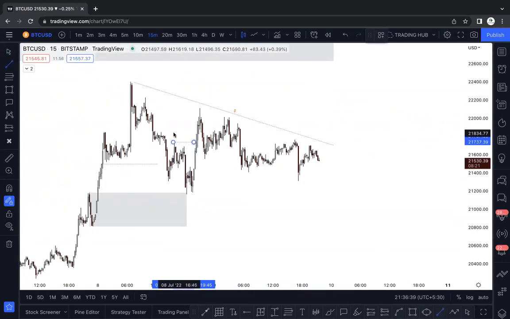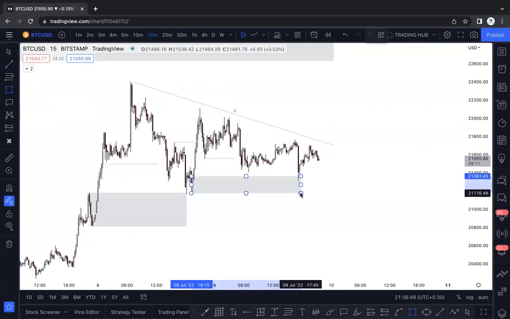Market breaks this structure. This one is called a CHoCH or BOS. Then market again takes out this low. Then it taps on this order block and goes higher again, pushing higher. This low is again taken out. After breaking this structure, we can again continue.